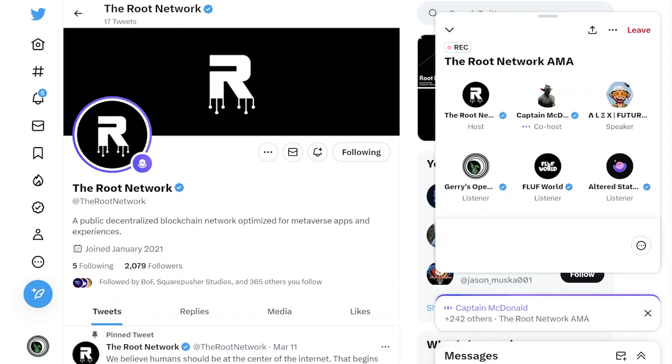So the question of why you would build on Root directly as opposed to building something on, say, ETH layer 1 and then bridging for layer 2, is because Root's native implementation is designed with a much better user experience in mind. If you've interacted so far with any of the tests we've been putting out to the community leading up to the public full launch of Root, you would have noticed that the user experience is really a silky smooth journey for people who are coming on to a new blockchain for the first time.